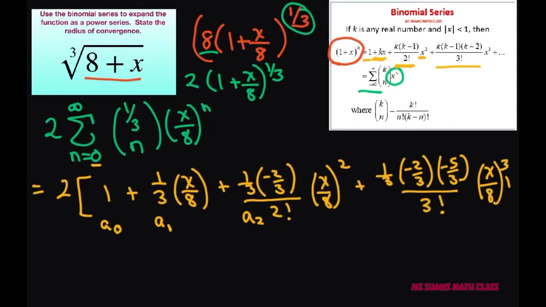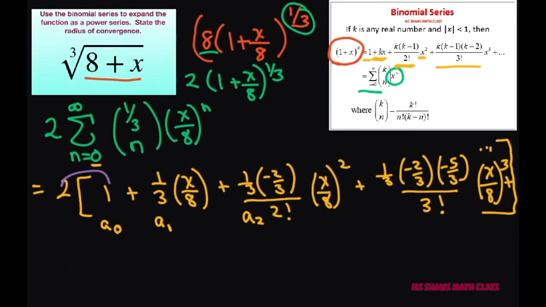And then we have plus dot, dot, dot. And then we close it up. I know it's kind of tight in there. All right. From there, what we're going to do is pull out 2. Well, let's not skip steps.